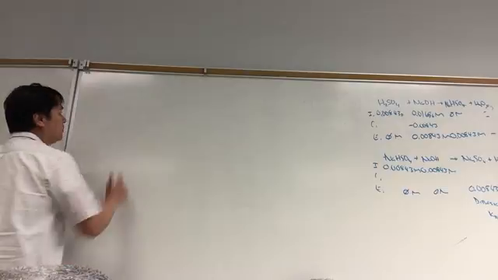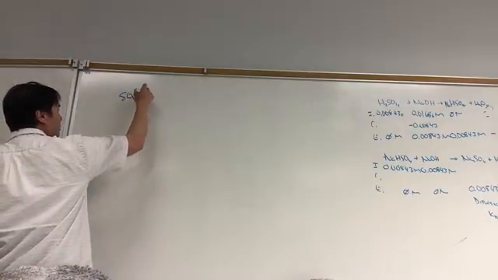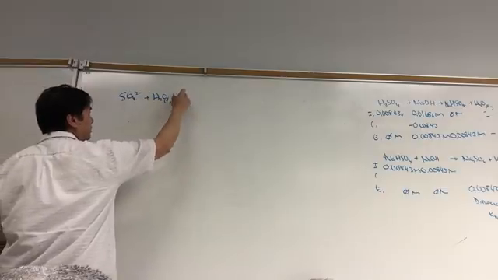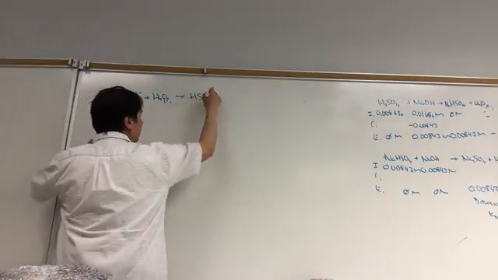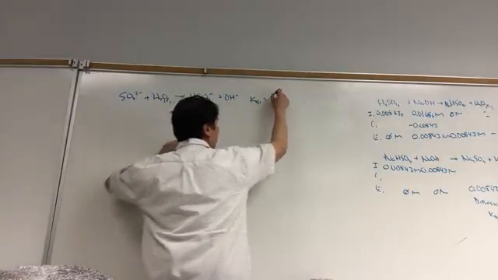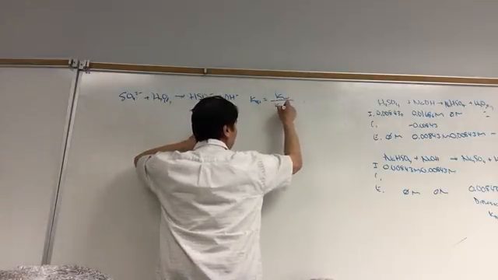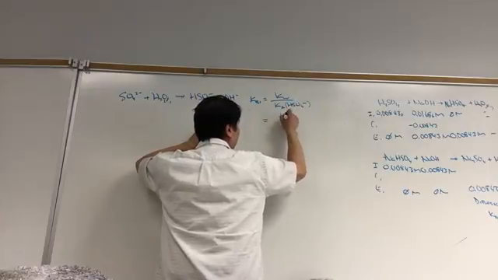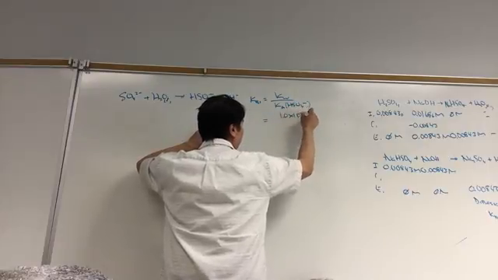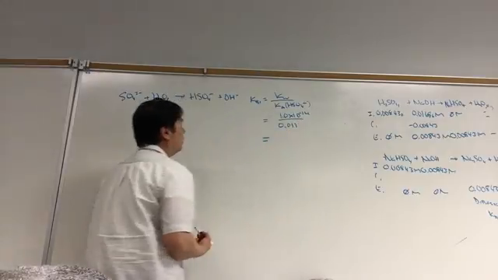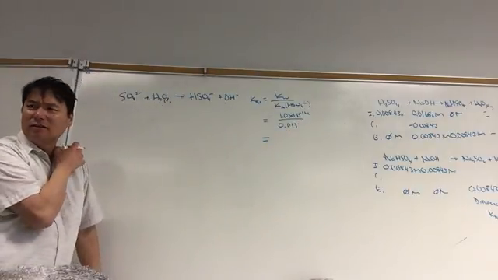And so we'll just do Kb1 of sulfate. Sulfate is a base plus water, which is going to yield HSO4 minus plus hydroxide. This is Kb1. Kb1 will equal Kw over the Ka for its conjugate acid, HSO4 minus, which is 1.0 times 10 to the minus 14 divided by 0.011, which is going to give us what?